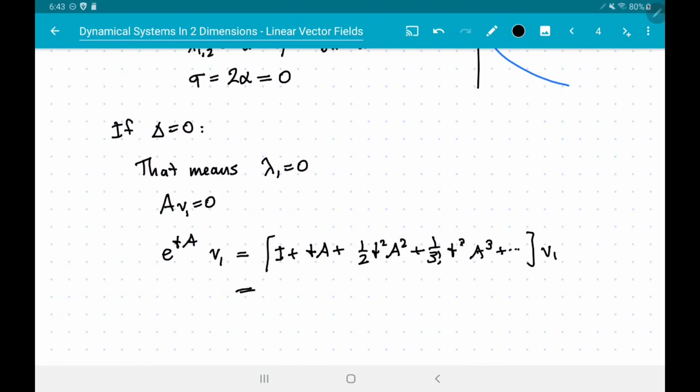Since all of these have a factor of A except for the first term, you're going to get just V1 out of it.